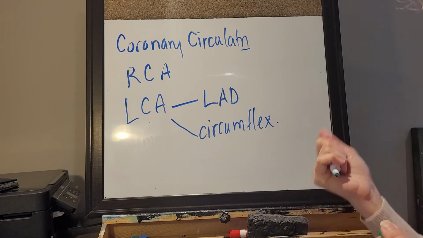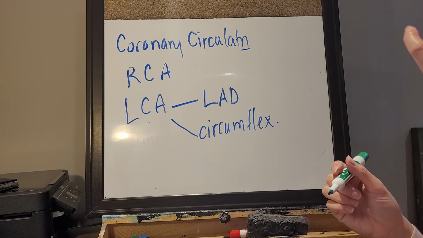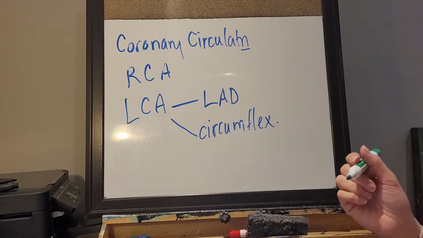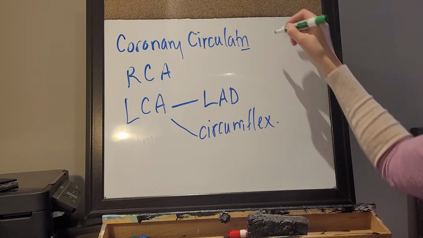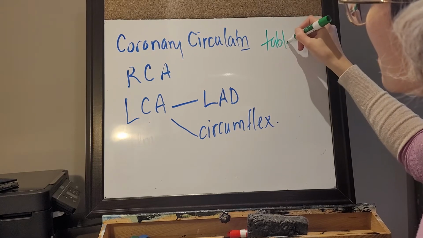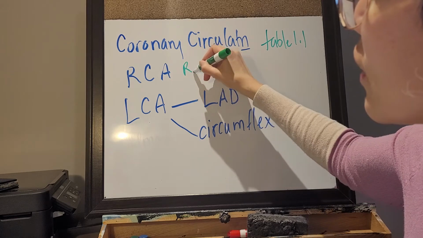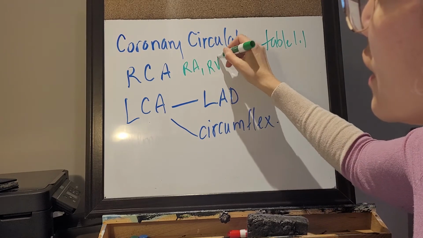Please make sure that you understand which area of the myocardium is supplied by which of the three arteries listed there. That would be table 1.1 in the textbook.